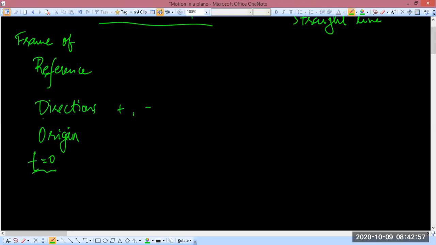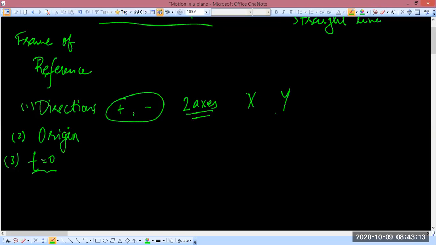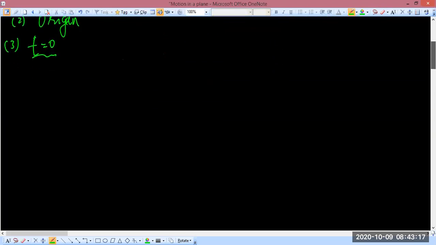I hope you remember that frame of reference is based on these three things. But here the directions are a little bit interesting, because here we are talking about a plane, so there are two axes. Which two? X and y.